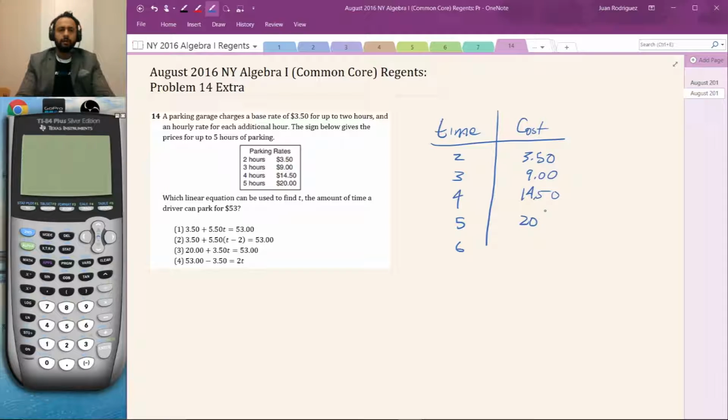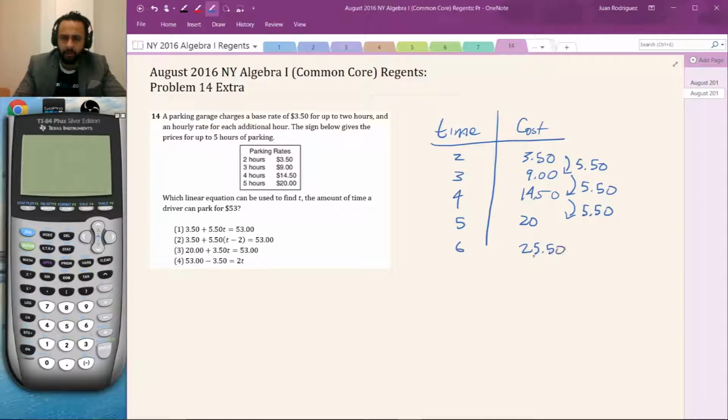Now, this again lends us a way of doing the problem because we know we hop by 5.50 each step. So if we don't know how to do this problem, we can literally just continue the chart. This is 25.50. 7 hours will be, let's see, 25.50 plus 5.50 is 31.